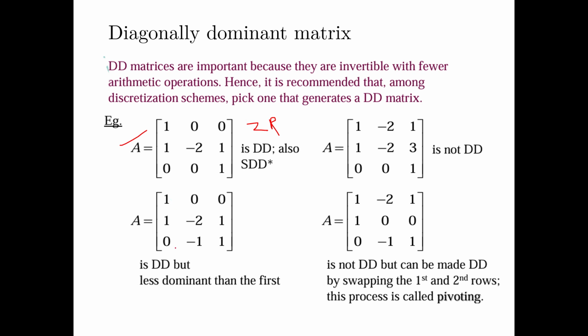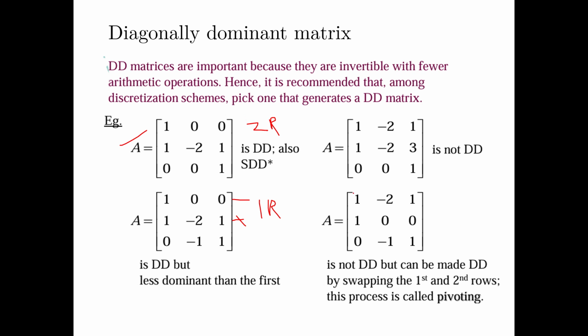But in this other matrix, this row is diagonally dominant, but in the others there is equality, there is no strict inequality, right? So even though this matrix is diagonally dominant, we have only one strictly dominant row, so the diagonal dominance is less than what is present with the first matrix.